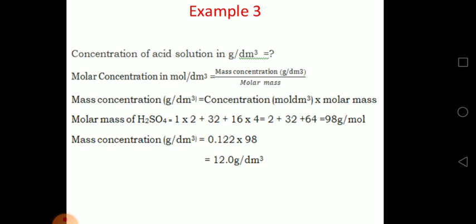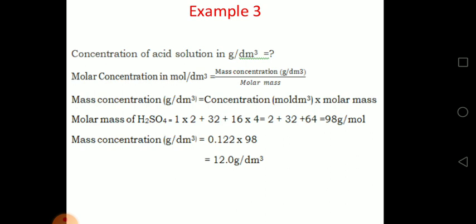Of course, the molar mass of tetraoxosulfate 6 acid is 98 gram per mole, and that has been calculated as seen here. We have hydrogen, which is 1 multiplied by 2. We have sulfur, which is 32, and oxygen, which is 16 multiplied by 4. So we have 2 plus 32 plus 64. That gives 98 grams per mole.